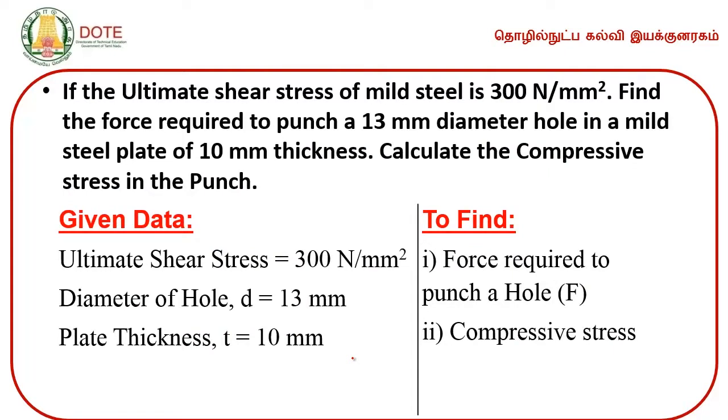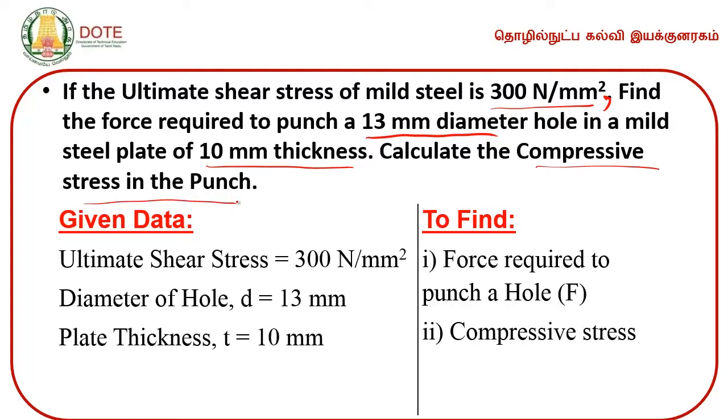If the ultimate shear stress of mild steel is 300 Newton per mm square, find the force required to punch a 13 mm diameter hole in a mild steel plate of 10 mm thickness. Calculate the compressive stress in the punch.